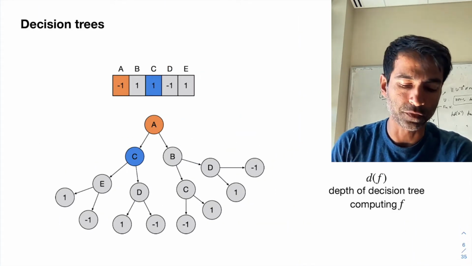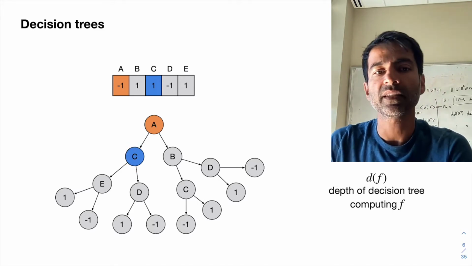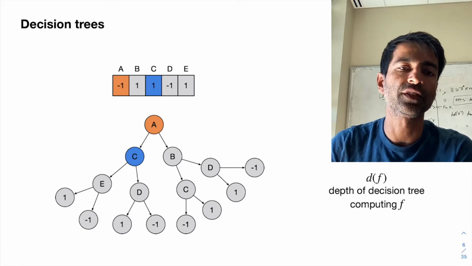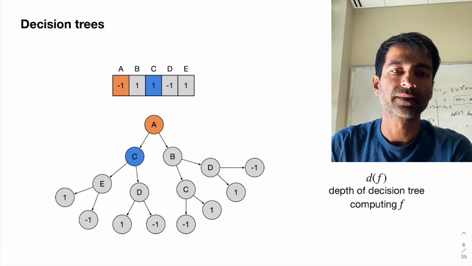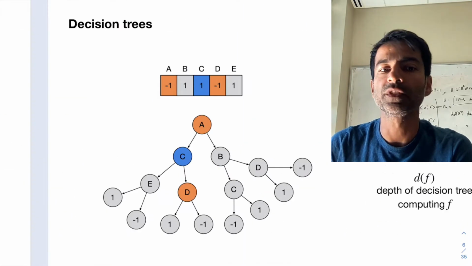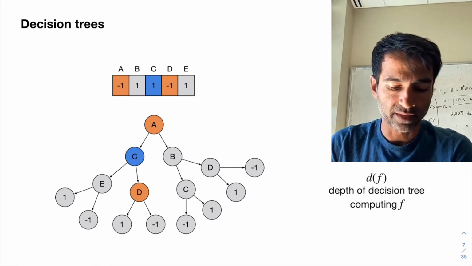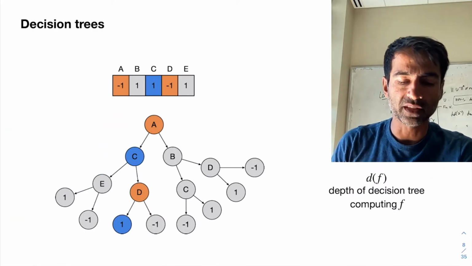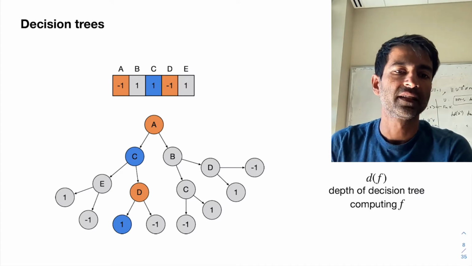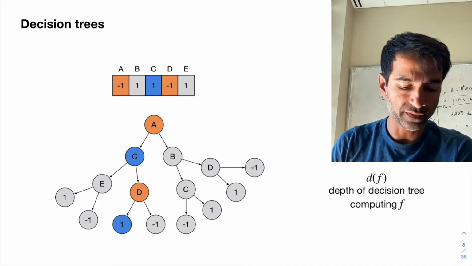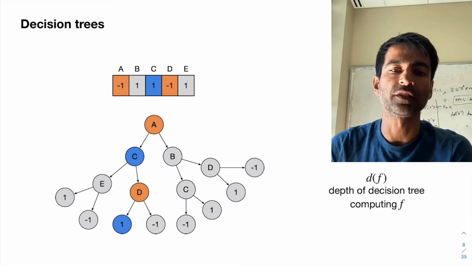Now move to this node in the tree, and it's labeled by C, and you read that value in the input. If the value is 1, you move to the right. In this way, the input specifies a path to take in the decision tree, and this path eventually leads to a leaf, and the leaf tells you how to output the value of the function.